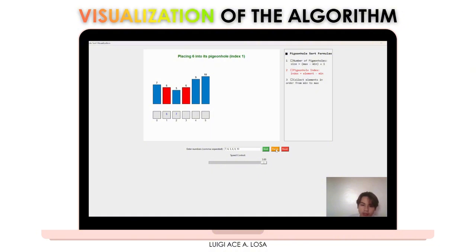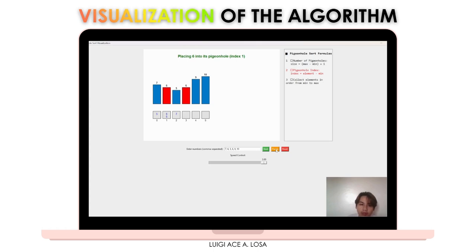So let's proceed. 5 is placed in 0 because 5 minus 5 is 0. Then we have a duplicate 6, and 6 minus 5 is 1, so it's placed in 1 as well.